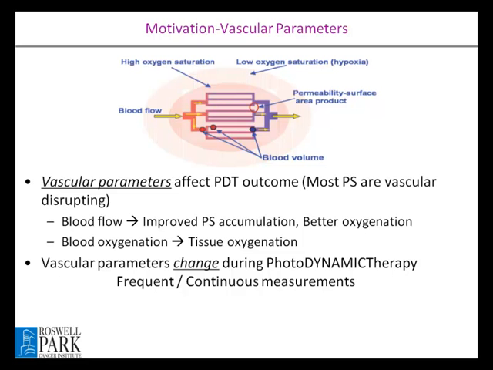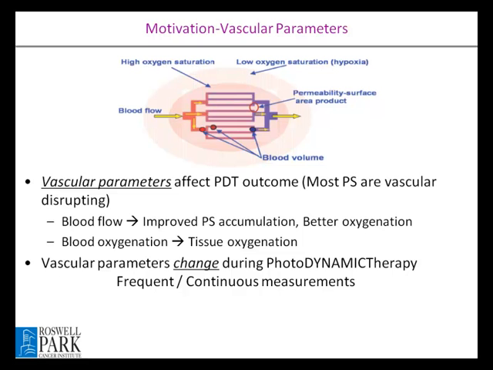So if we have good blood flow, we expect improved photosensitizer accumulation. It may also improve the oxygenation, and if we have improved blood oxygenation, we expect tissue oxygenation is improved too.